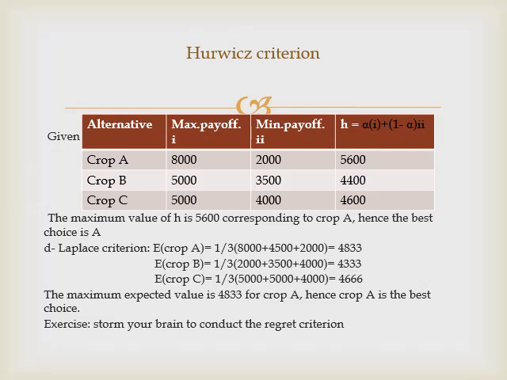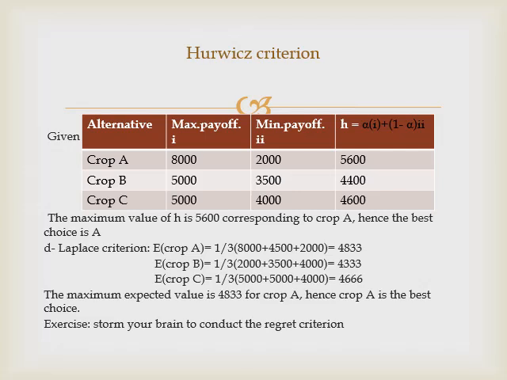So 8,000 or 0.6 multiplied by 8,000 plus 0.4 multiplied by 2,000.